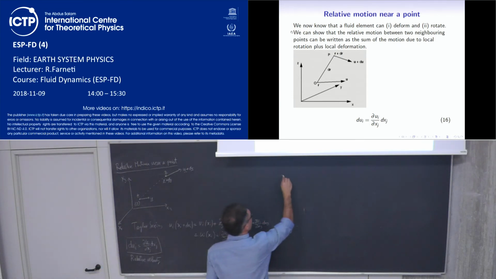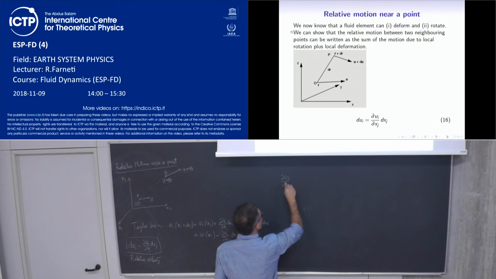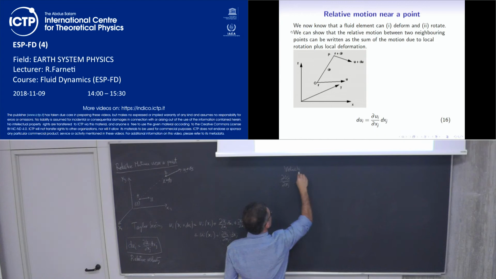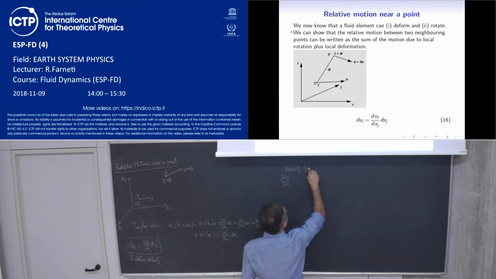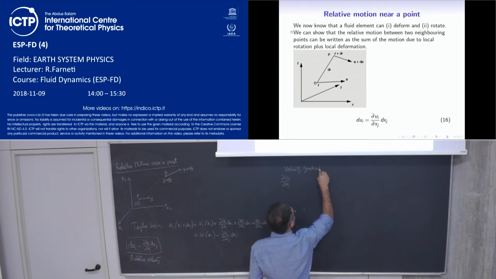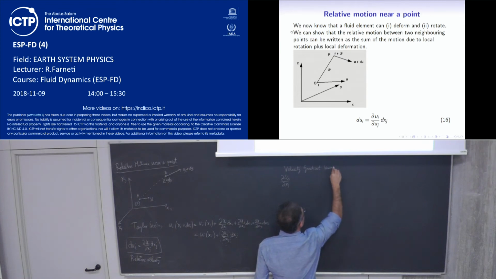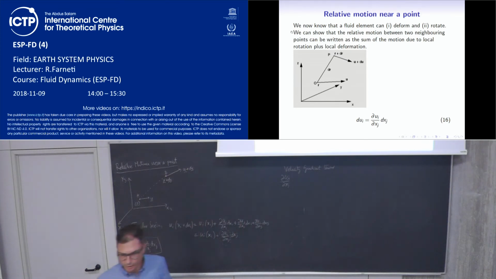What was this one? This is just the velocity gradient tensor, dui by dxj.